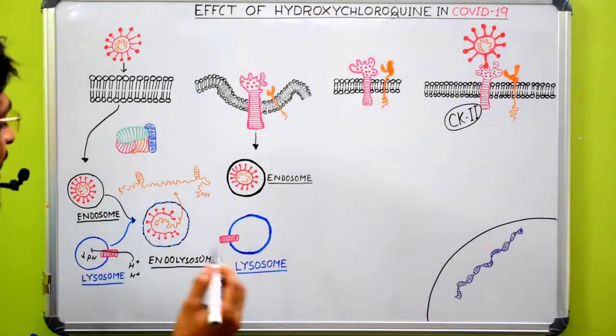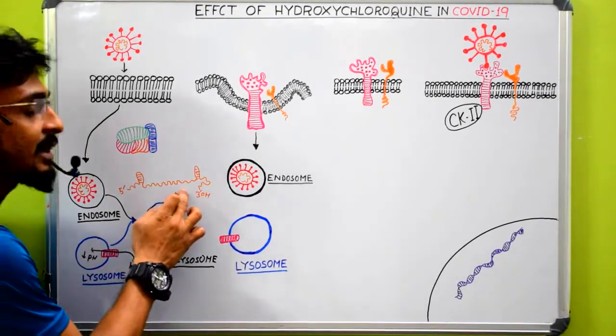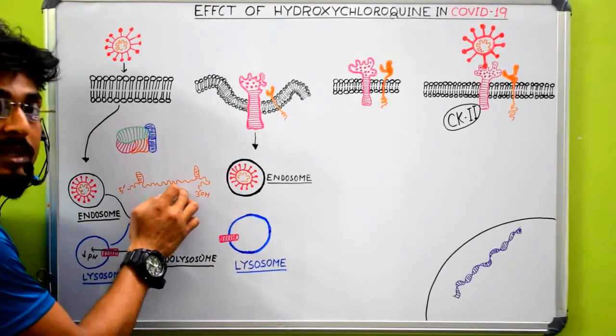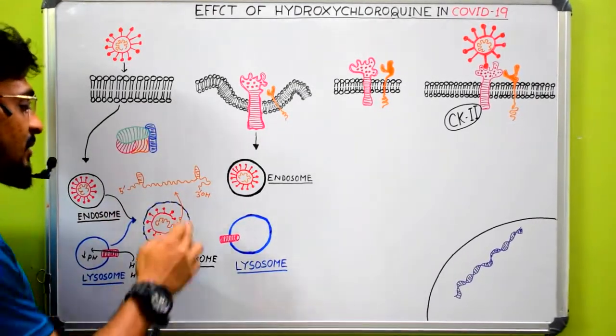In the acidic environment, the RNA will be released in the cytosol, and this mRNA, the positive sense strand RNA, has two fates at the same time. It will do two functions.